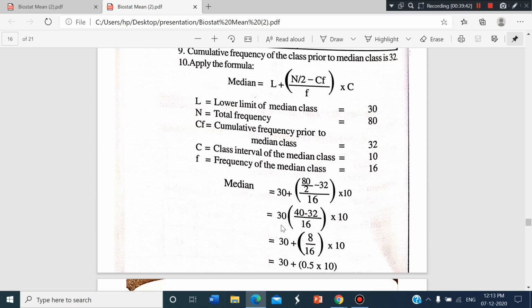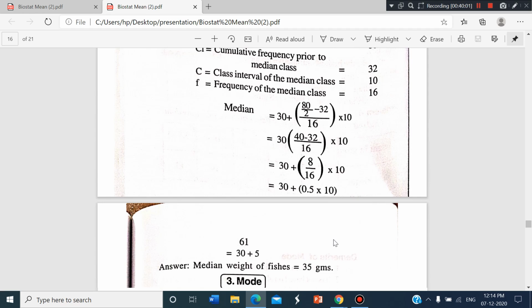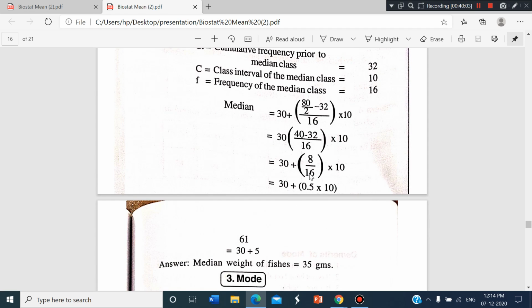30 plus, here the plus mark is missing. 80 by 2 is 40, minus 32, divided by 16 into 10. 30 plus 8 by 16, because 40 minus 32 is 8, isn't it? 8 by 16 into 10. 30 plus 8 by 16, that is 0.5, into 10. 30 plus 10 into 0.5, that is 5.